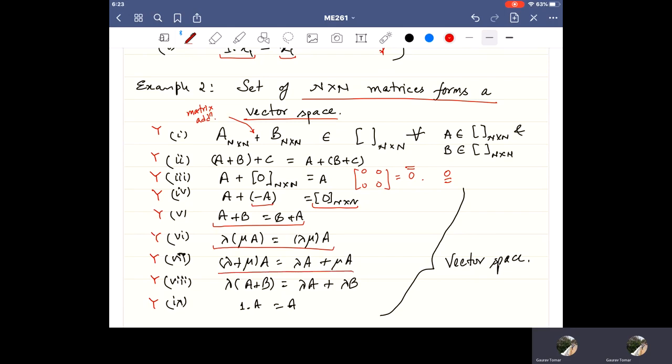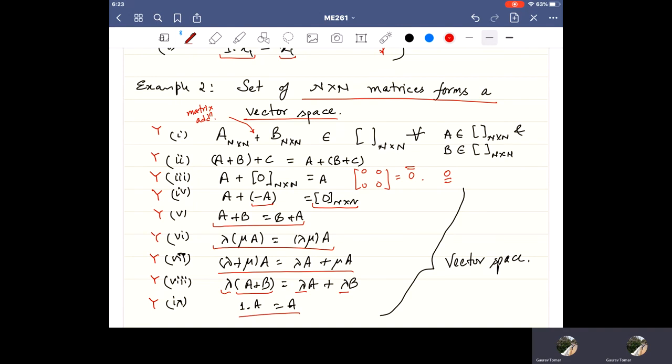Also this property, lambda plus mu times A is going to be lambda A plus mu A, right? And if you add two matrices and then you scale, that would be equivalent to scaling and adding, right? And if you choose a scalar as 1, then it will leave it unchanged, right?